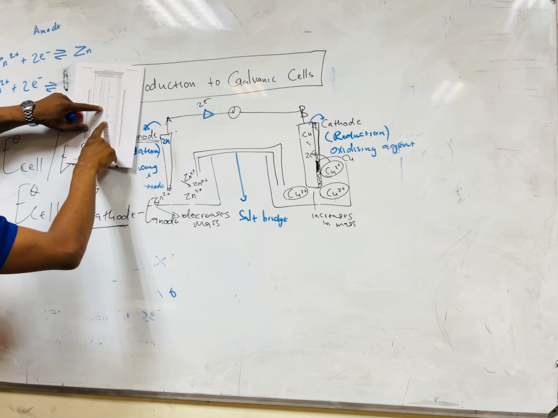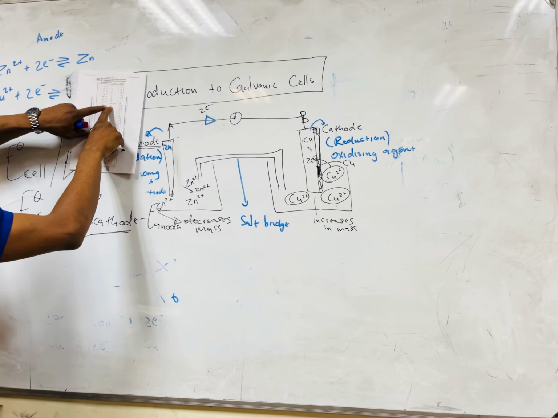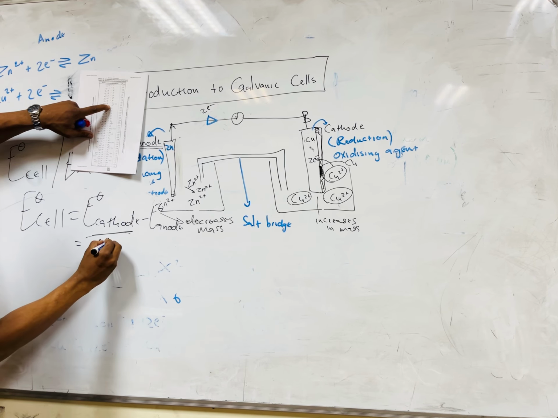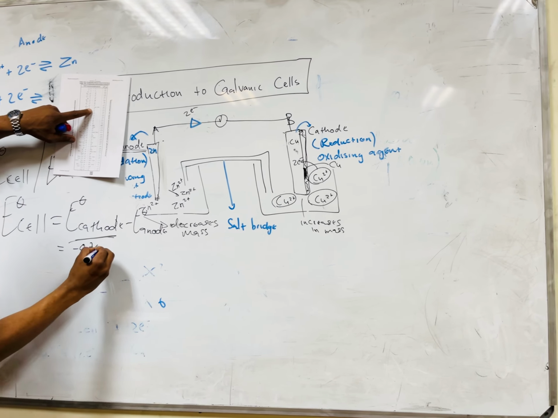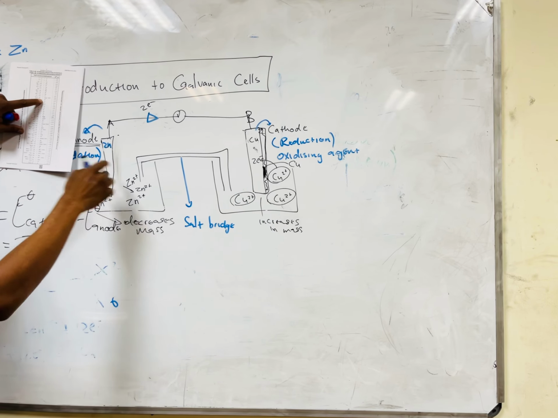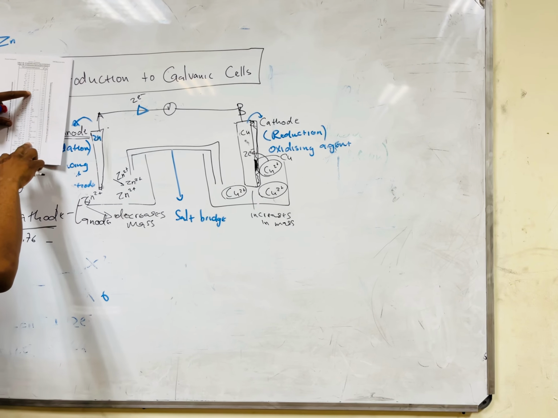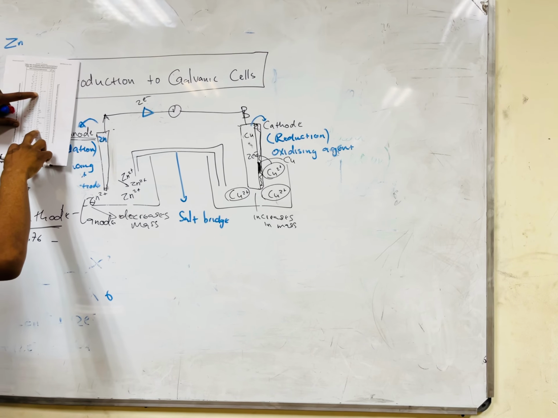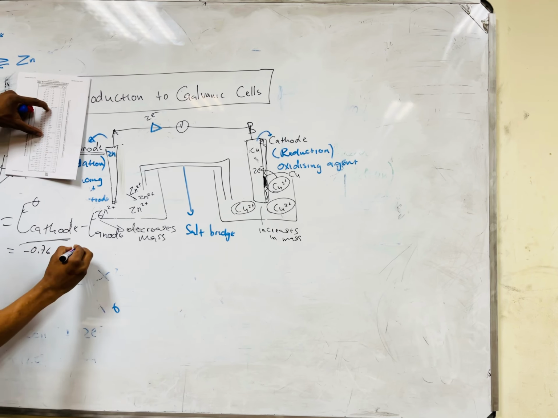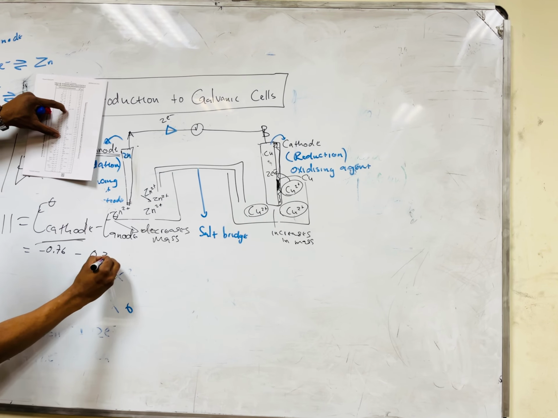Zn is there. Zinc is negative 0.76 minus. On this side, E anode, we said copper is the anode. Let's look at Cu2+. Our Cu somewhere in here, there is Cu. So I have negative 0.34.